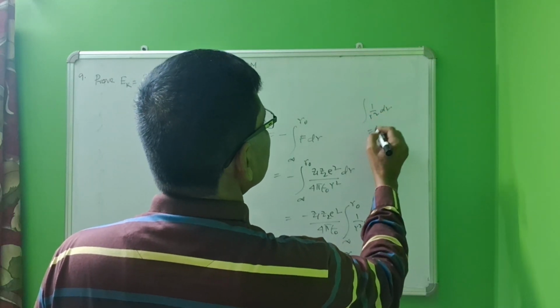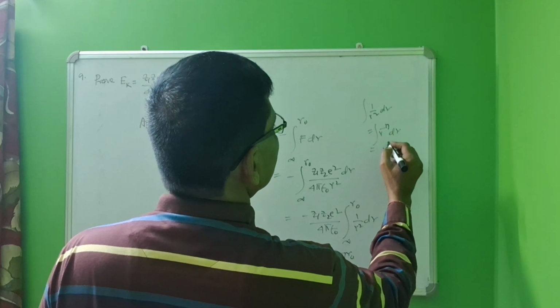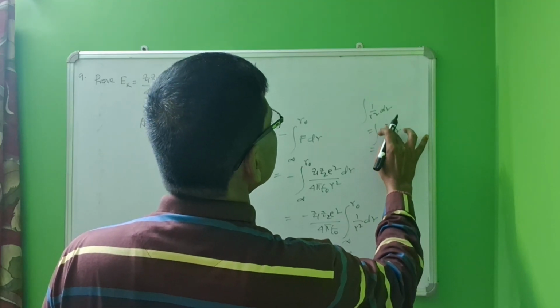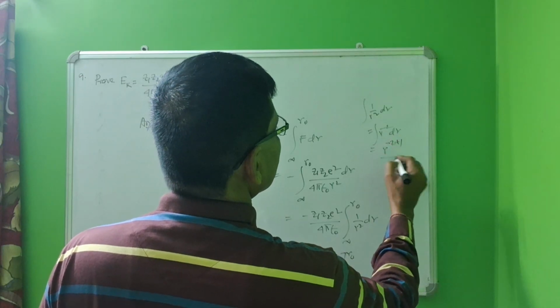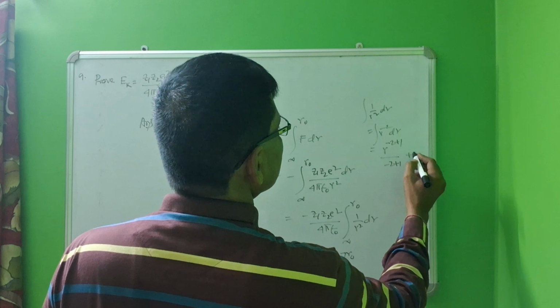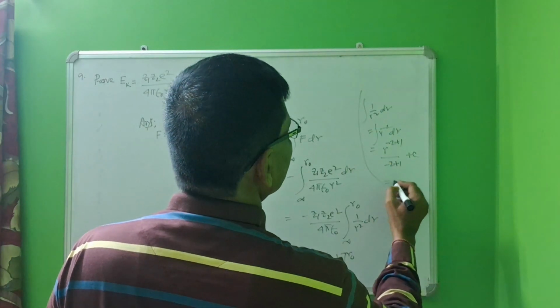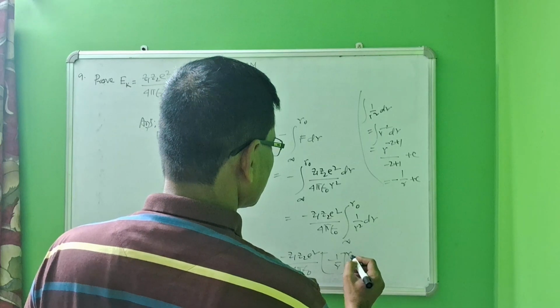We know the integral of 1/r square dr equals r to the power minus 2 dr, equals r to the power minus 2 plus 1 over minus 2 plus 1, plus c, where c is an arbitrary constant, equals minus 1/r plus c. For the definite integral, this will be this.